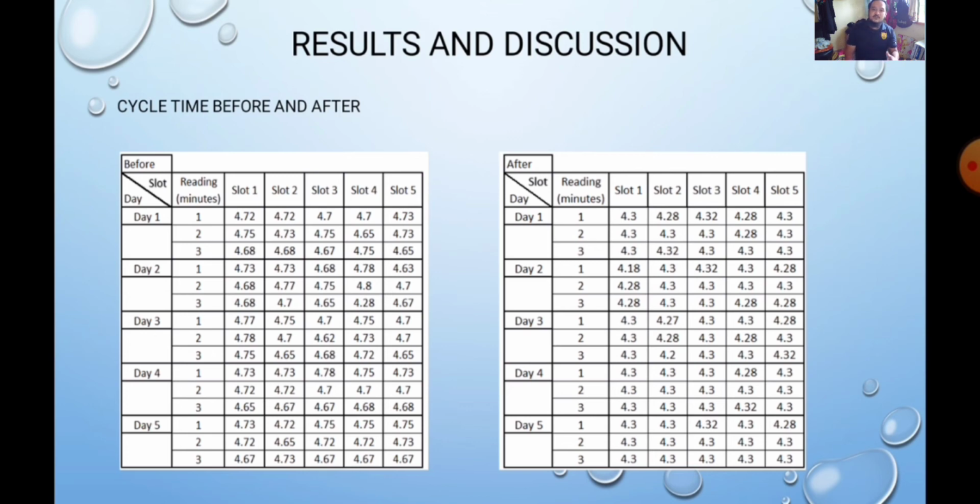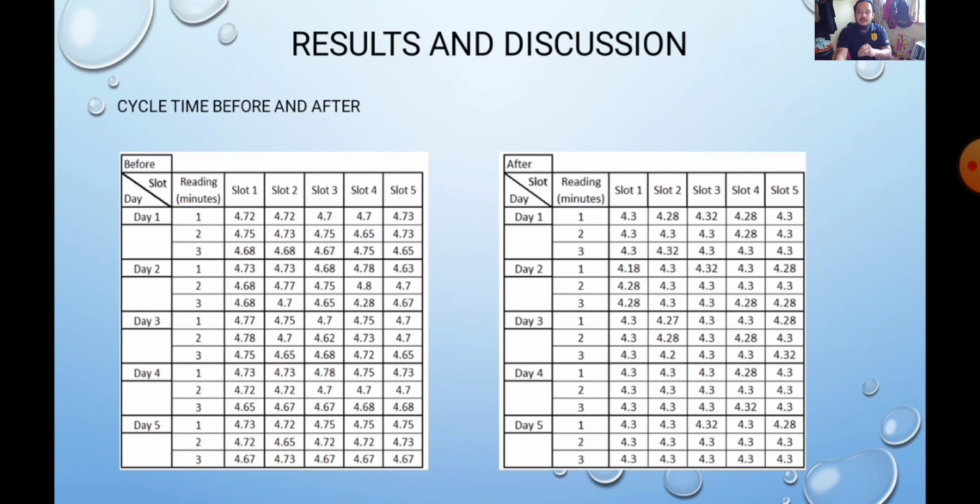As a target from the production request, the daily cycle time is 4.30 minutes and below to achieve the daily production target. So what we have here is the cycle time before and after. Initially, the current data is also used as a comparison between before and after project implementation.